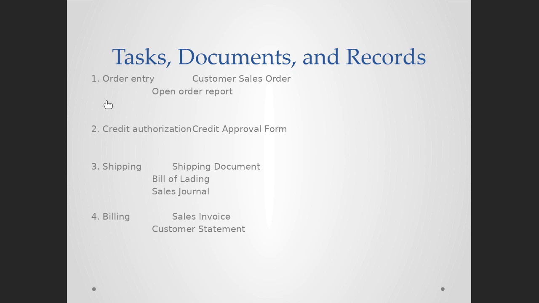So it is absolutely necessary for us to understand what those documents are, number one. Number two, it is absolutely necessary for us to understand when and in which order these documents are prepared. So what should happen before the preparation of this document? Which document comes first, which comes second, and which comes third?